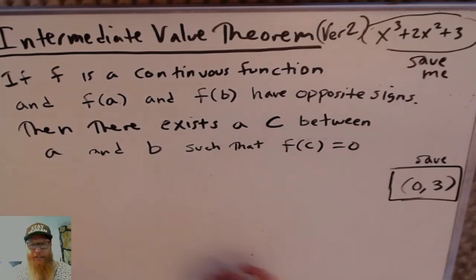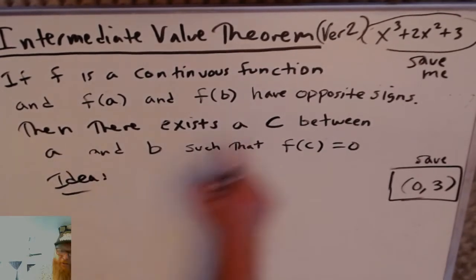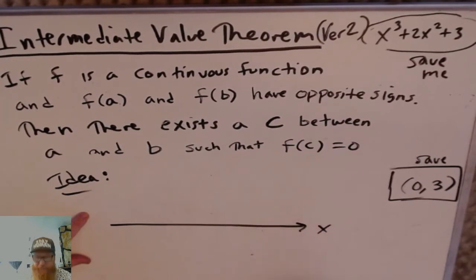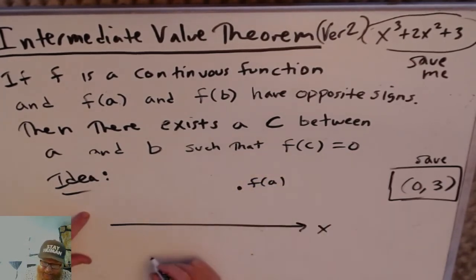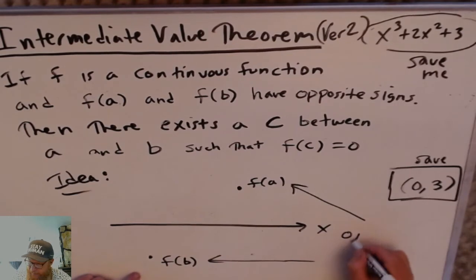Okay, so this is the intermediate value theorem. Let me give you the idea before I actually use this problem here. So you have your x-axis, you have your f of A and your f of B. They have opposite signs.